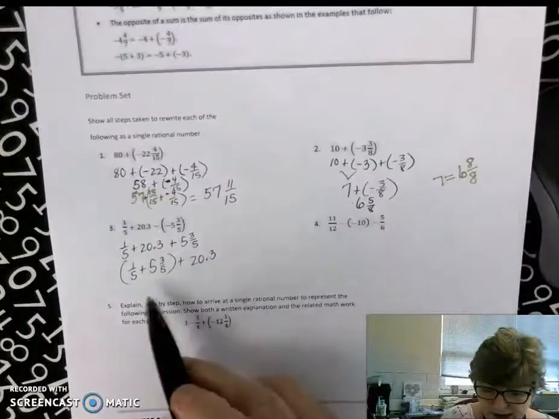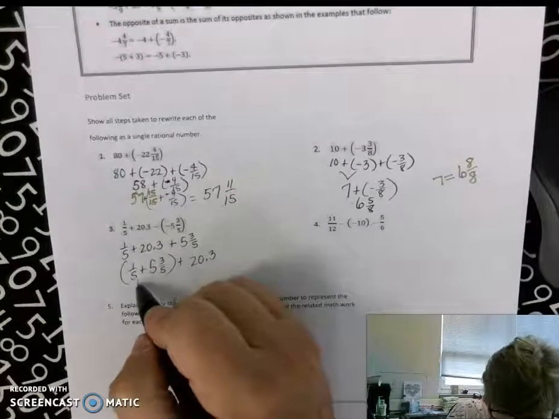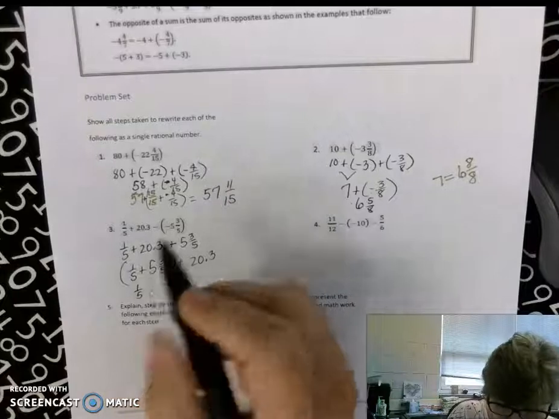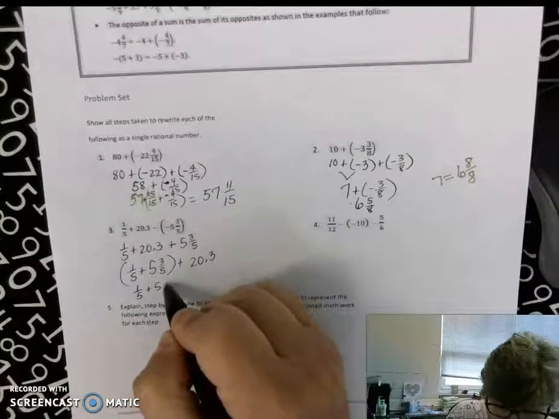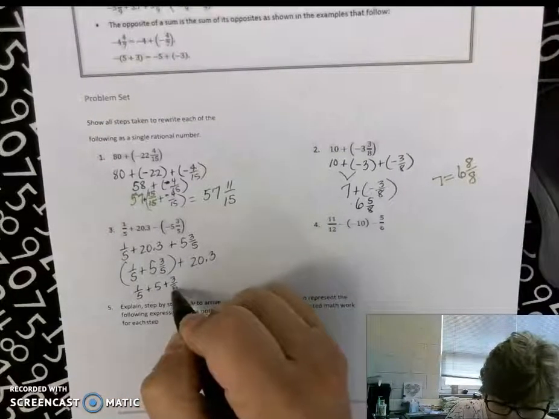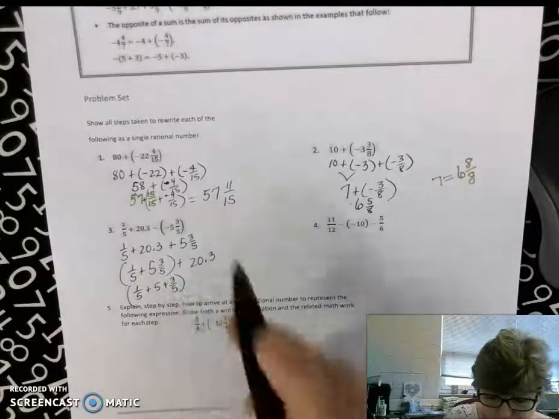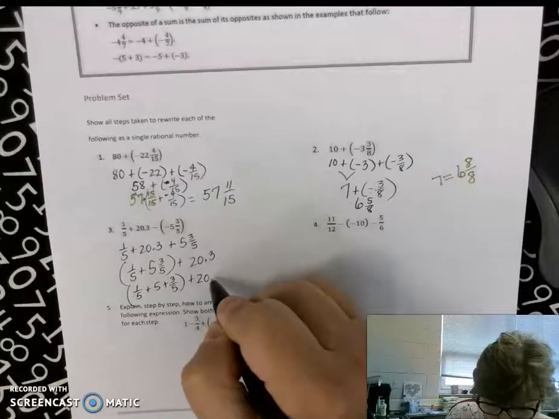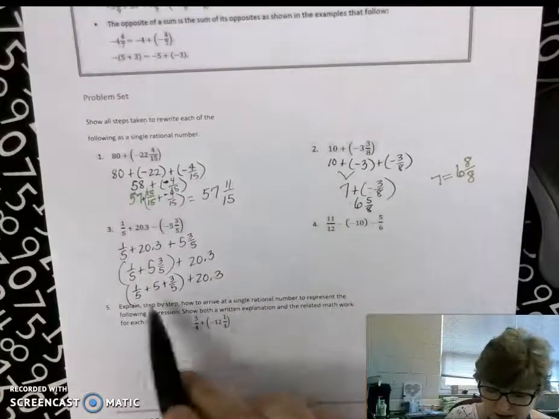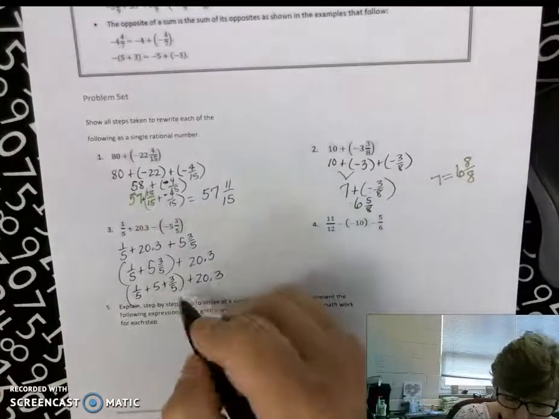Now, if I have, you can consider this, and that's decomposing. And when you add these all together, you are finding that this is 5 and 4/5.